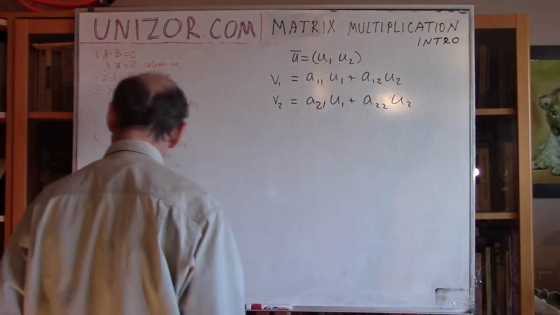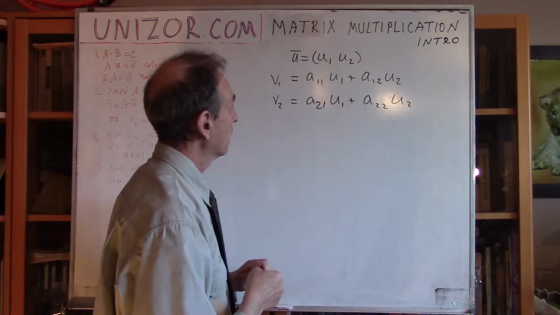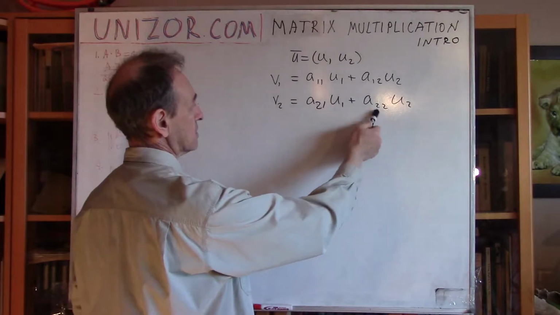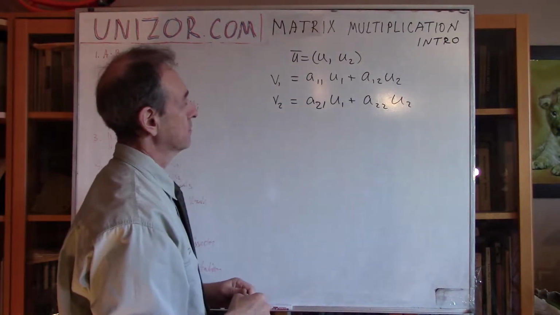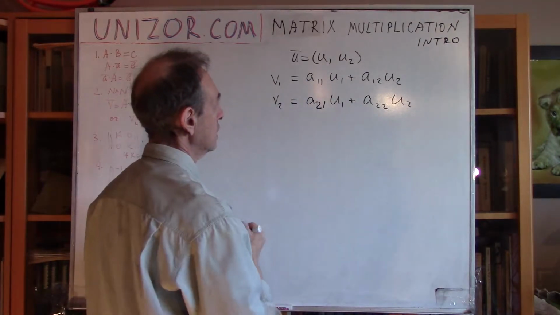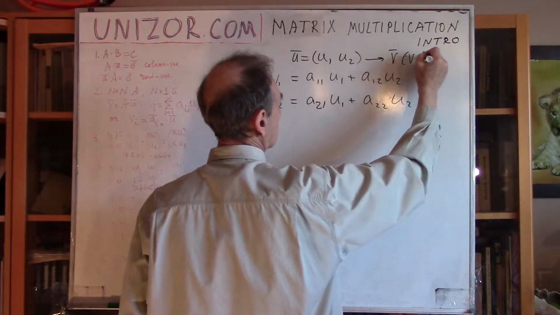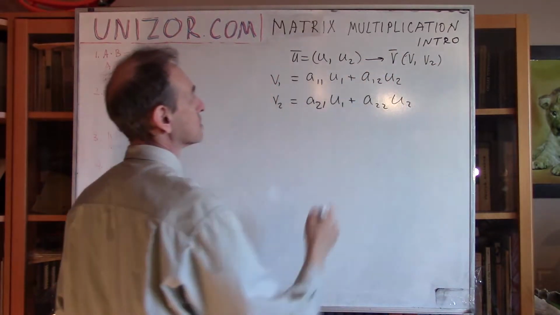Now, this is a linear transformation of the coordinates of the vector. Linear obviously because this is just a multiplication by a constant. So we are transforming vector u into vector v with coordinates v1, v2 according to these rules.